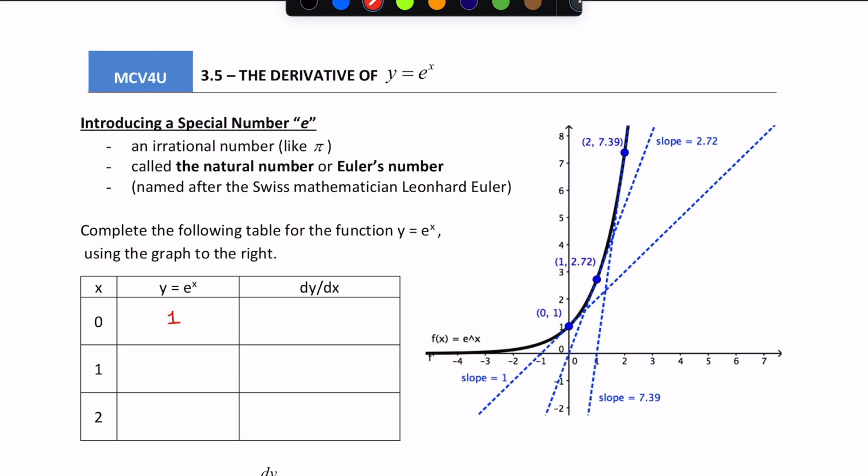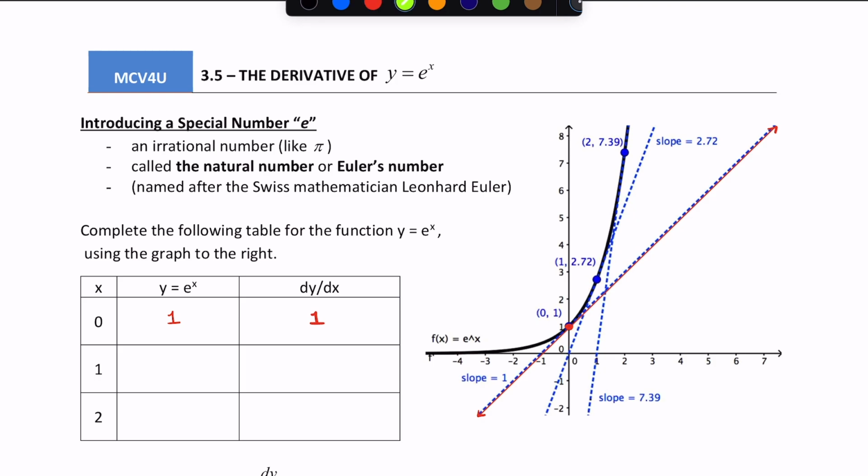When x is equal to 0, y is equal to 1. And if we draw a tangent line here, what we notice is that dy over dx, remember, the slope of the tangent is the derivative, is also equal to 1.